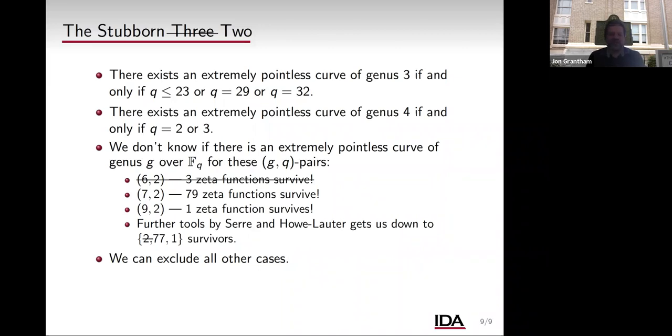So I think we're going to be able to get all but, let's say, 3 of the genus 7 zeta functions eliminated.